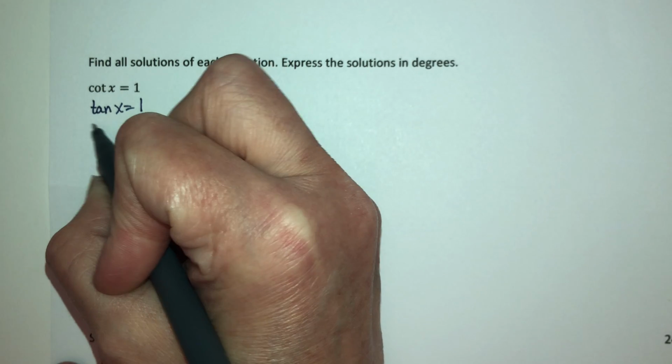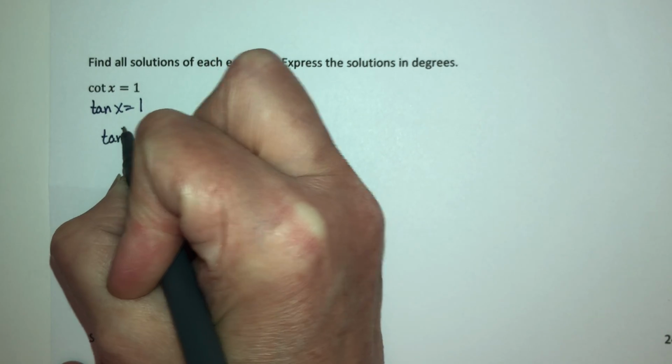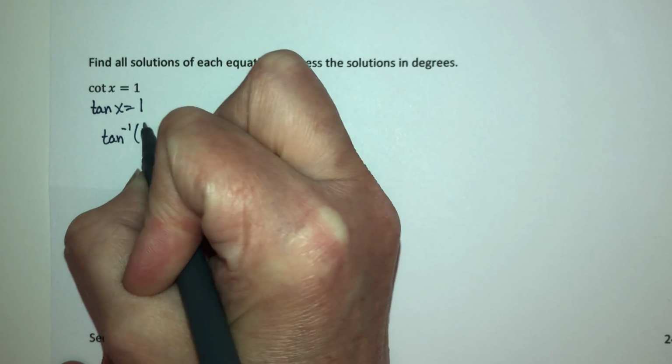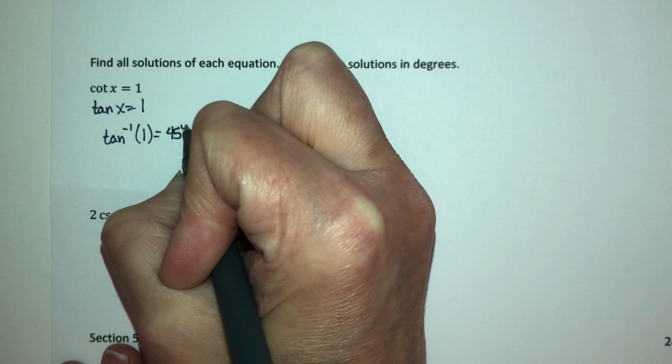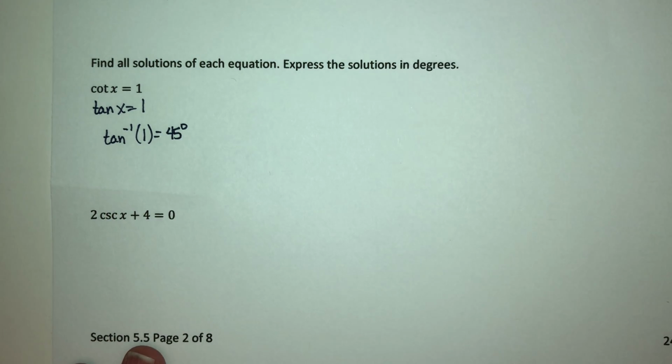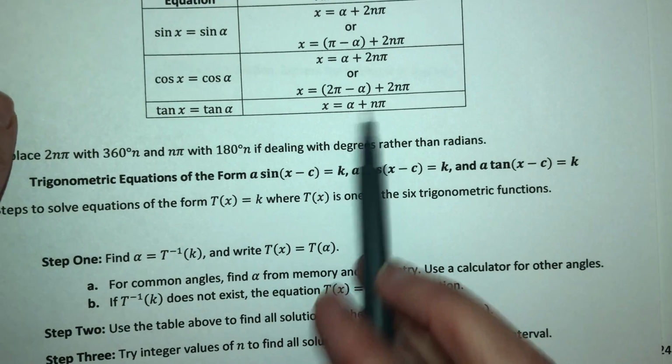Okay, so now find inverse tangent of 1. And when we're in degrees, that is 45 degrees. And then for tangent, our solutions are alpha plus n pi.